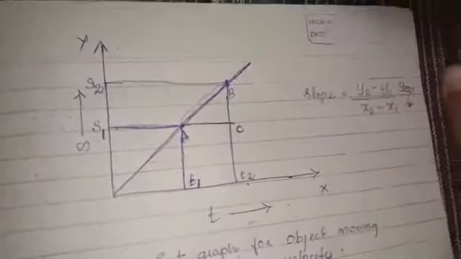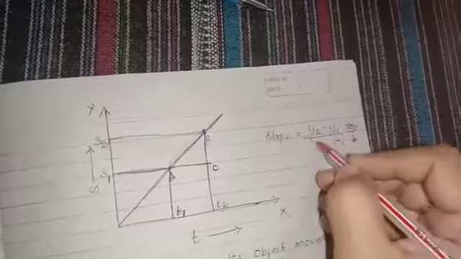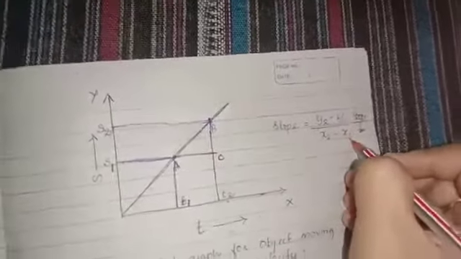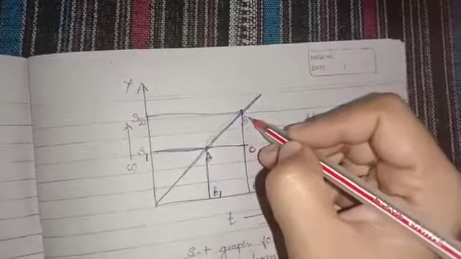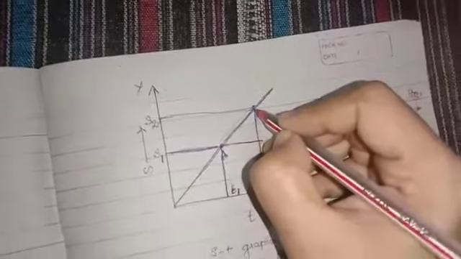This equation you will study in class 10 in math. Just remember this equation. If you find this slope, we can find the velocity of the object between the positions A and B.